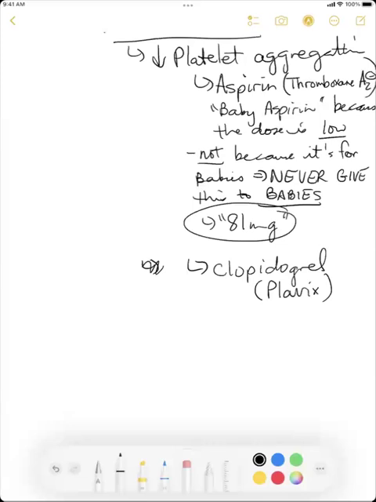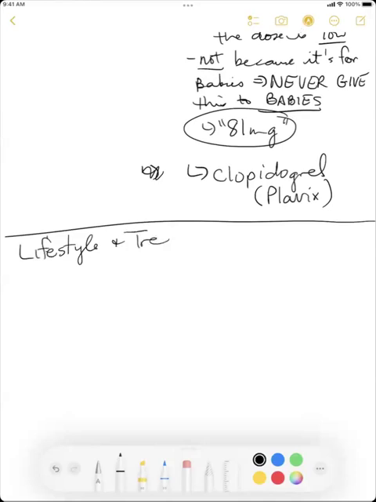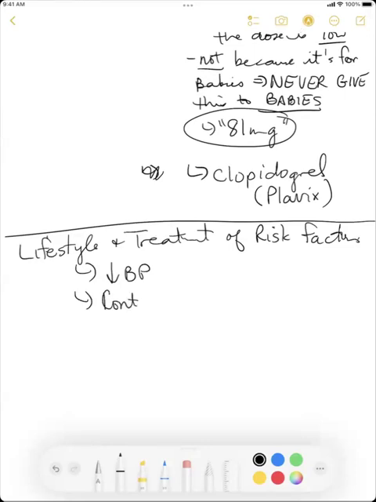The other thing to do is to treat the risk factors. Lifestyle and treatment of risk factors. So, lower blood pressure. If the blood pressure is high, give medications to lower it. Control blood glucose if diabetes.